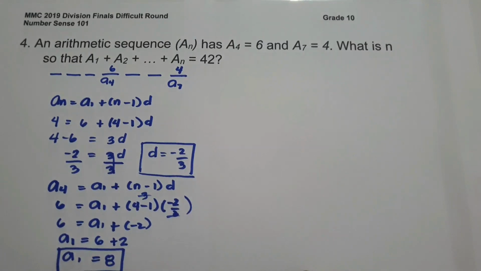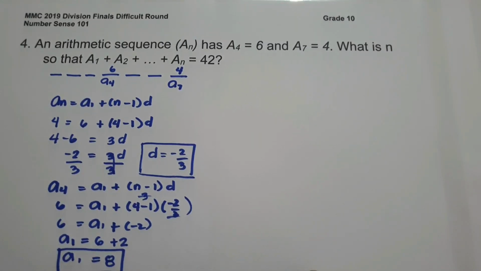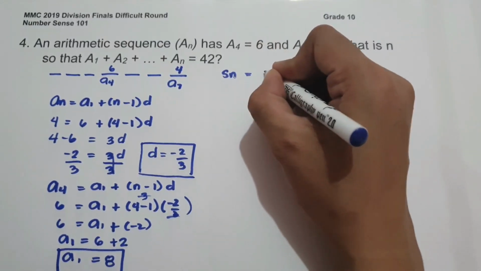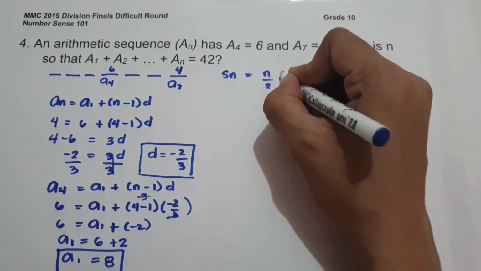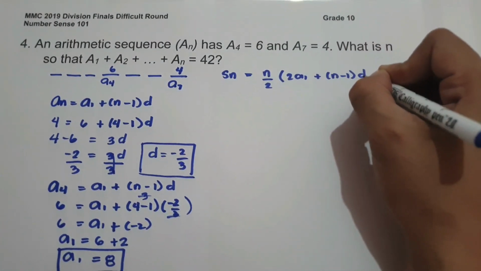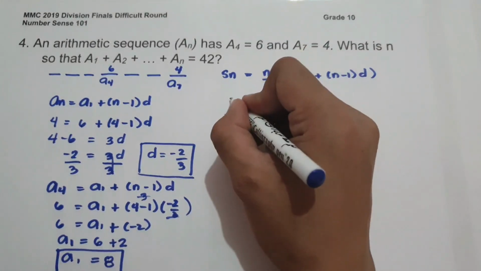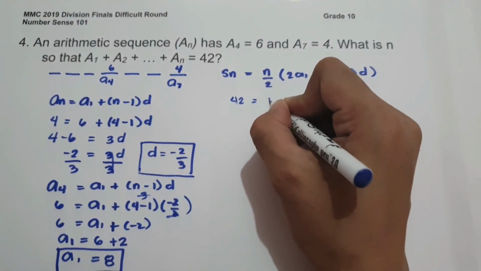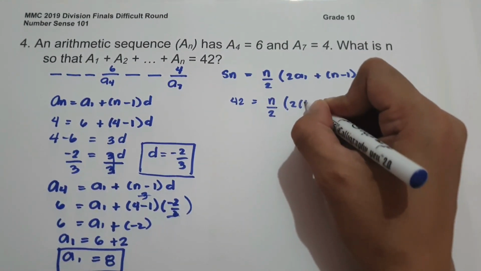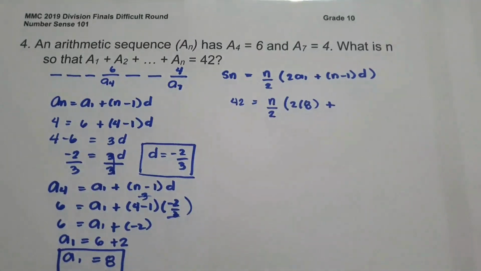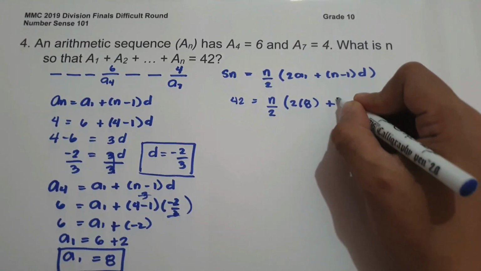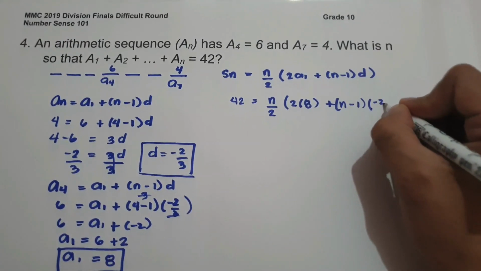And then let us use the formula for the sum of an arithmetic sequence. So this will be S sub n equals n over 2 times 2a sub 1 plus n minus 1 times d. So the sum will be 42 equals n over 2 times 2 times a sub 1, which is 8, plus n minus 1, and then the common difference, that is negative 2 over 3.